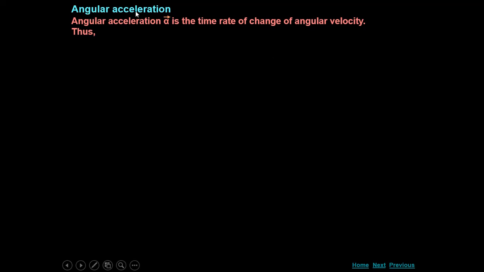In the same way, angular acceleration is the rate of change of angular velocity with respect to time, or angular acceleration alpha is nothing but the time rate of change of angular velocity. ನೀವು time rate of change of angular velocity ಅಂತ ಹೇಳ್ಬೋದು ಅಥವಾ rate of change of angular velocity with respect to time ಅಂತ ಹೇಳ್ಬೋದು. So we can write alpha equal to d omega upon dt, where d omega is angular velocity, dt is a time interval.